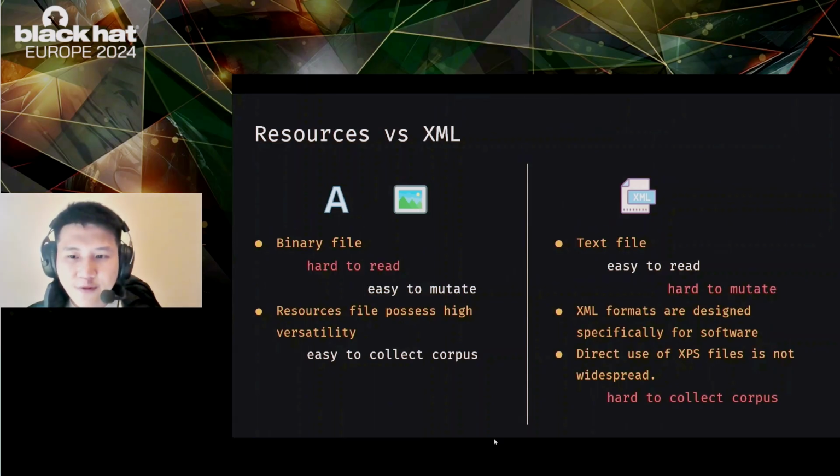The resource files can perform the same function across different applications, making them easy to connect. But the XML files are designed specifically for software, and the direct use of the XPS field is not widespread, making it difficult to connect.